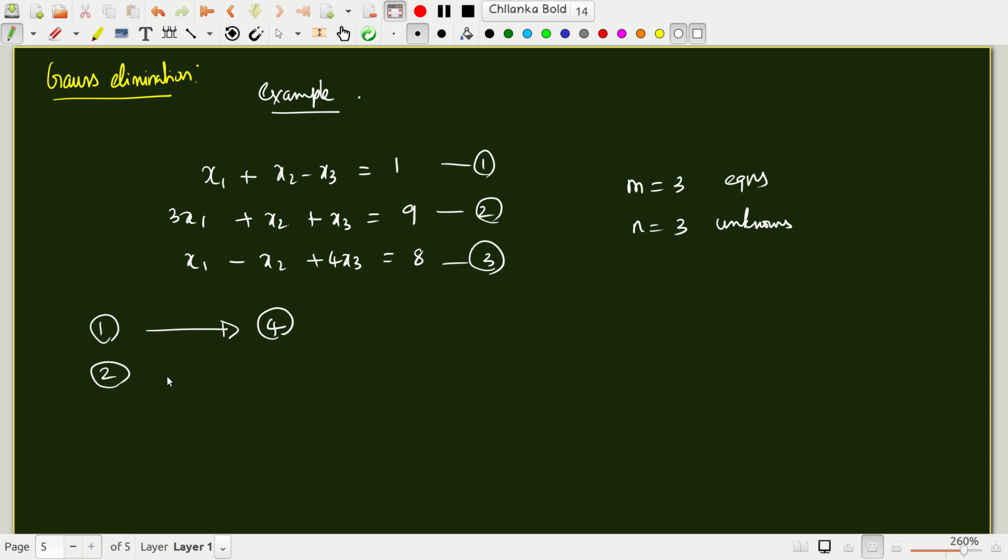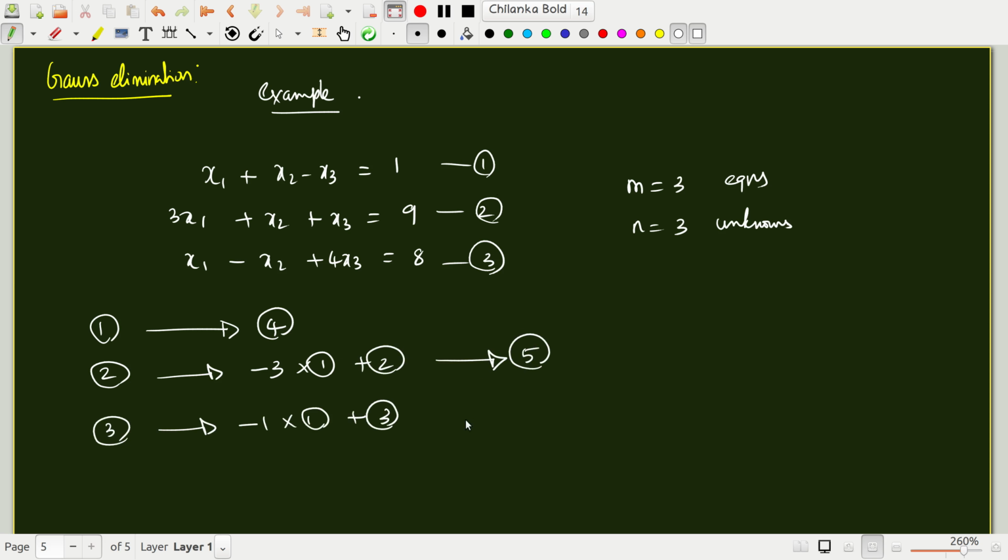Let equation 2 be converted into minus 3 times equation 1, plus the original equation 2, and this we will call equation 5. Now instead of equation 3, we will have minus 1 times equation 1 plus equation 3, and that we will call equation 6.